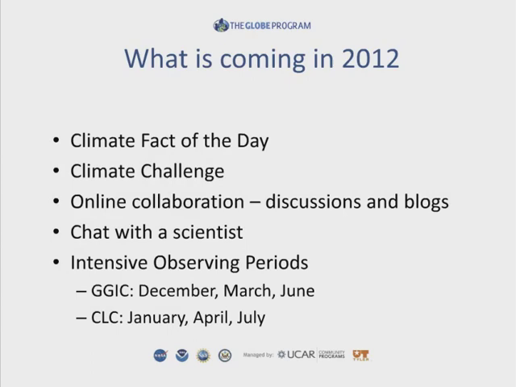And then just to remind you that we're going to continue collecting data, because having data to base our investigations on is very critical. So we're going to continue to have our intensive observing periods. The Great Global Investigation of Climate starts on December 1, which is Thursday. So get your instruments ready.